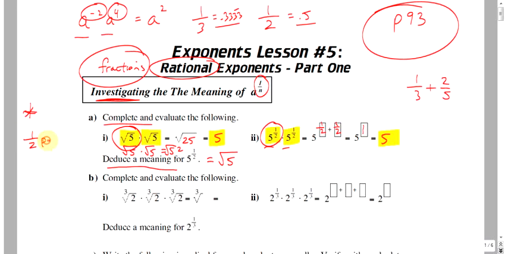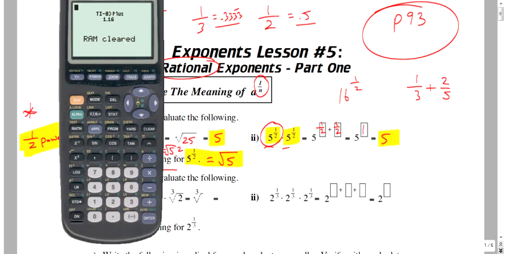1/2 power is the square root. Okay? That's what that says. 5 to the 1/2 power is the same as the square root of 5. All right? If we don't believe me, what if I said to you, well, what's 16 to the 1/2 power? Hey, let's find out.